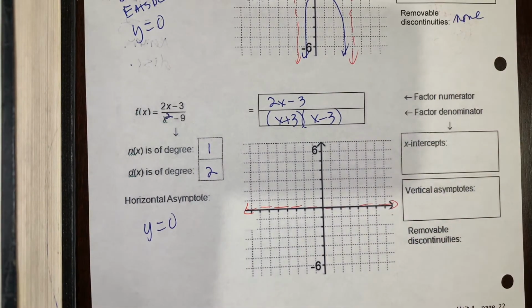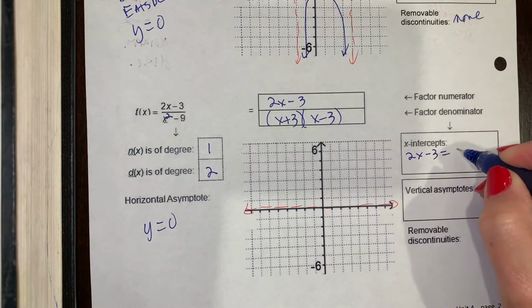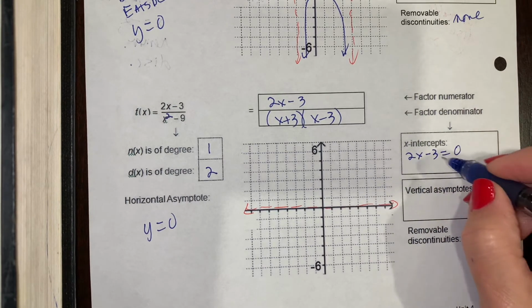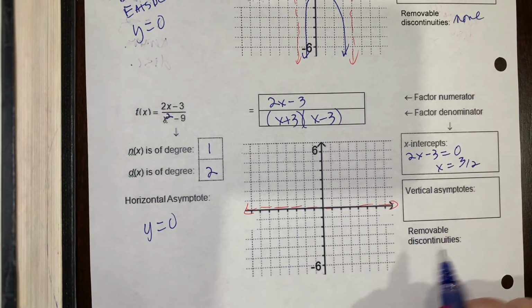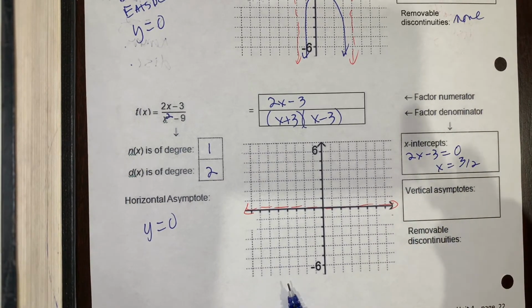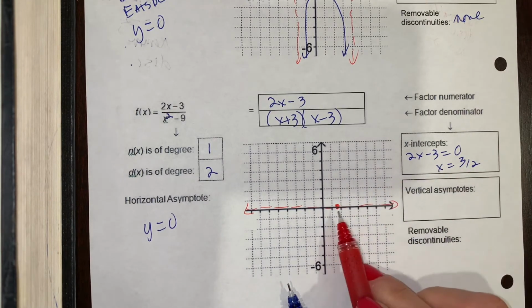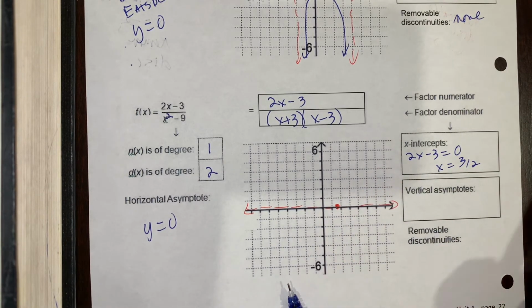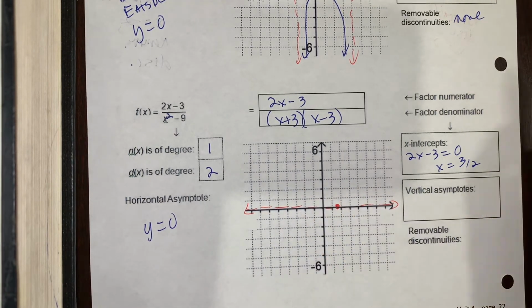Okay, then let's see what else. My x-intercept, if I set 2x minus 3 equal to 0, I'd add 3 divided by 2, so that's going to be 3 halves. So at 3 halves, which is monkey in the middle here, I've got an intercept. My vertical asymptote is going to be at plus and minus 3.